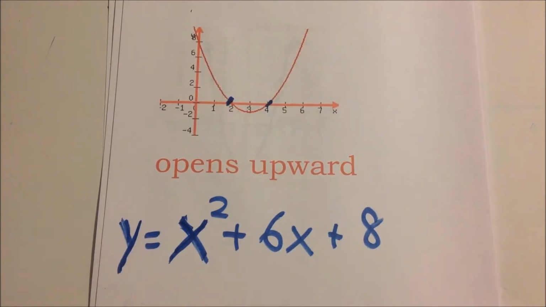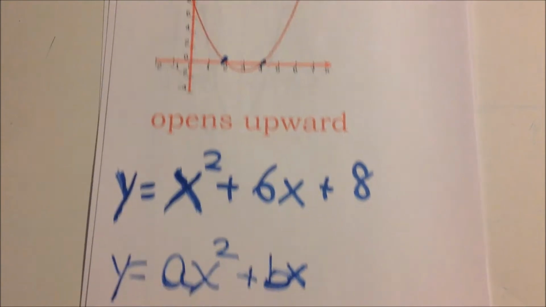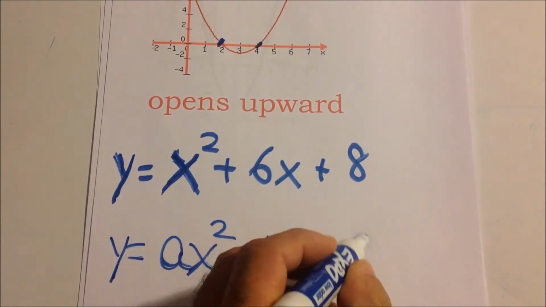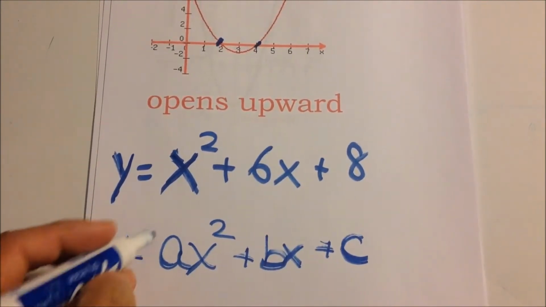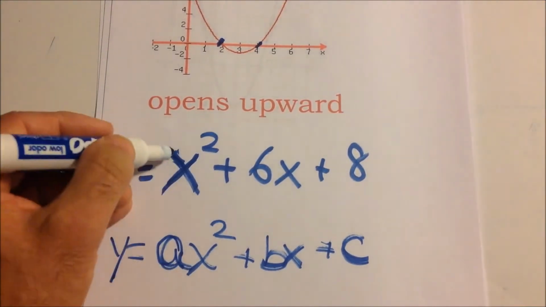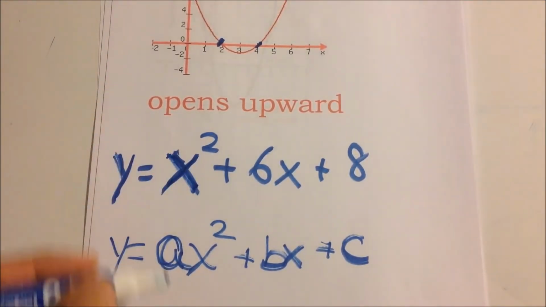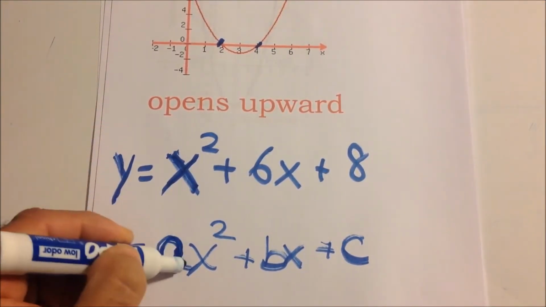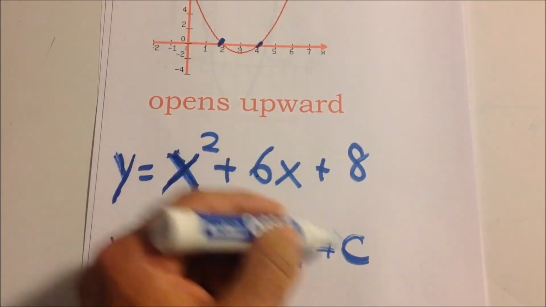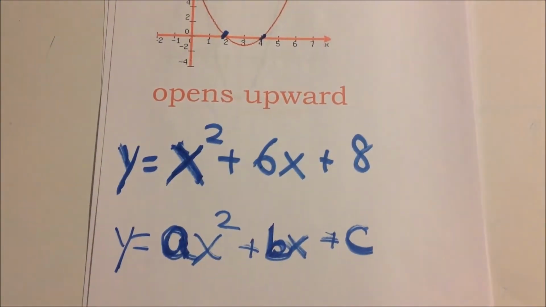In standard form, we have y equals ax squared plus bx plus c. The a represents the coefficient next to x squared. In this case it's 1, the b represents the 6, and the c represents the 8. So this is how it looks.